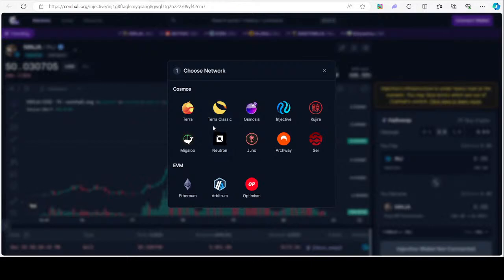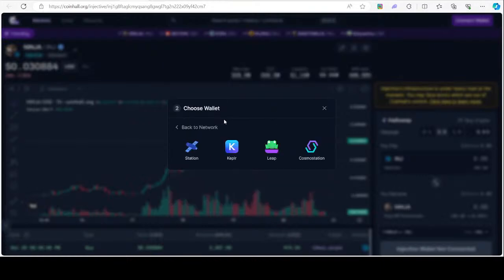Okay, so here's your choose a network. You can choose Terra. Let's pick Terra Classic. Oh, okay. So that's what you used right there. So yeah, Keplr, Terra, Keplr, Injective.